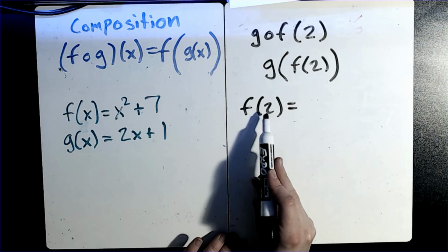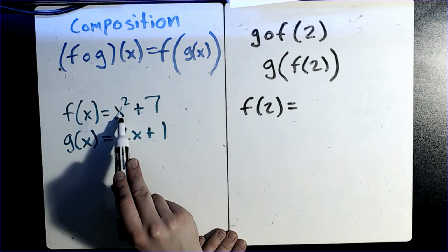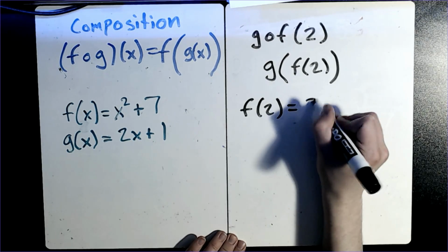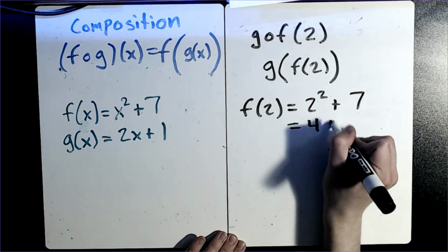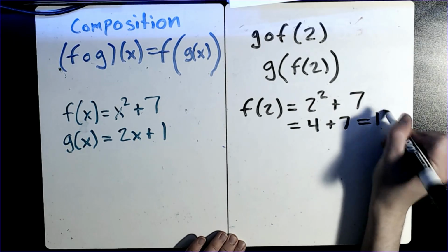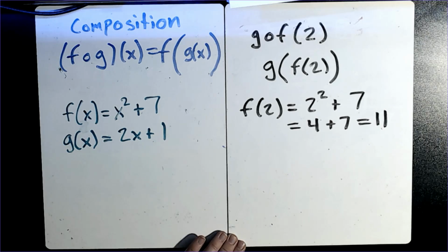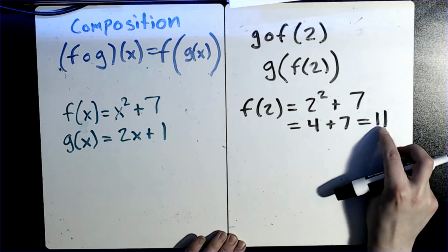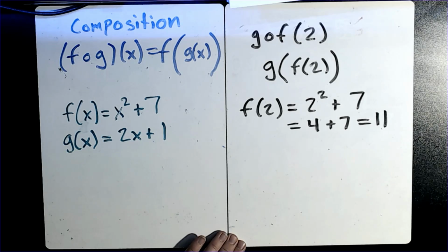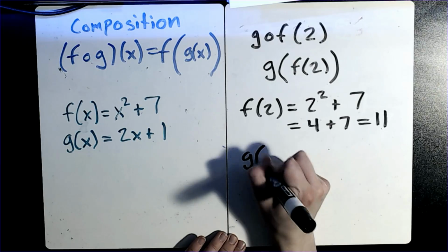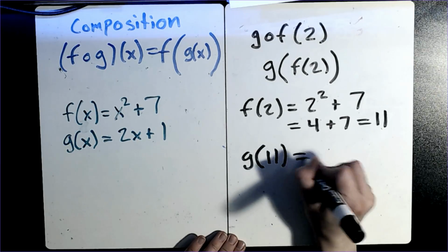We find f of 2 by plugging 2 in for x into f. So 2 squared plus 7, we get 4 plus 7 is 11. We take this number, that is what f of 2 is, so we just plug it into g. g of 11 is what we're looking for here.